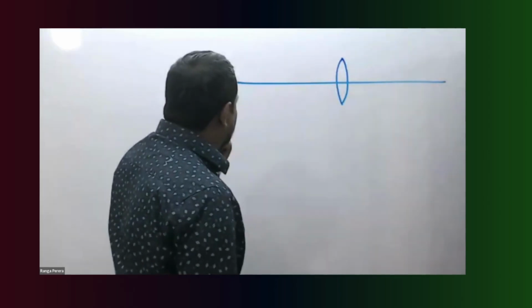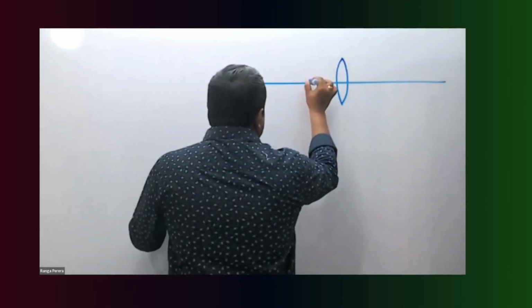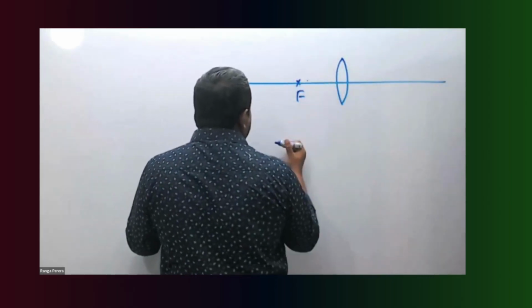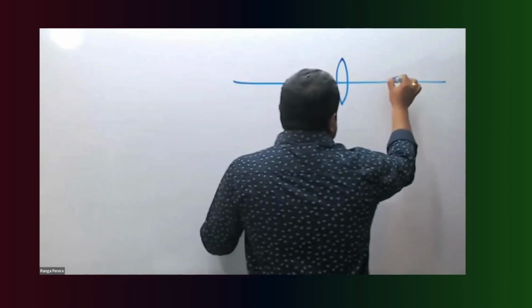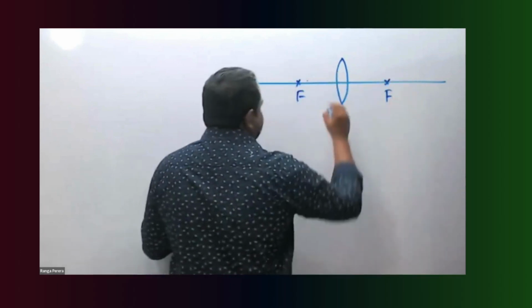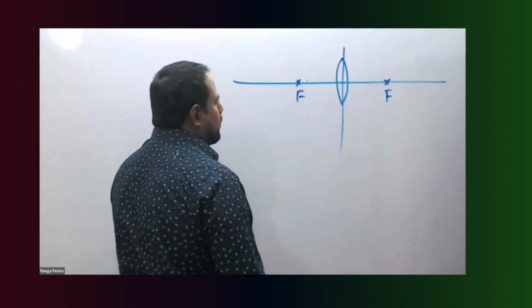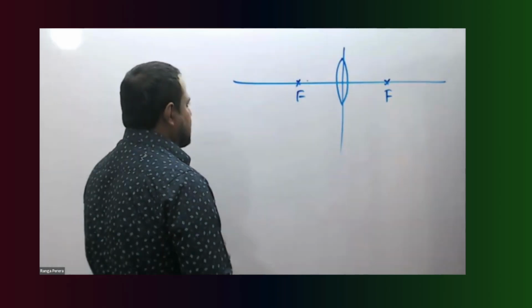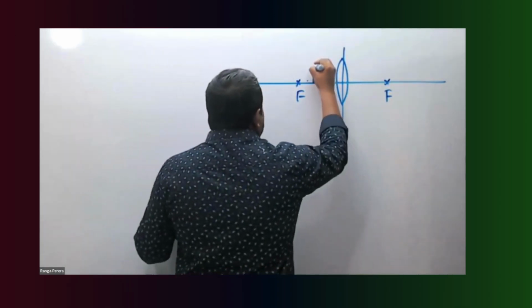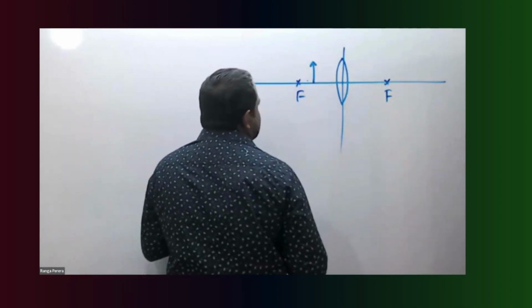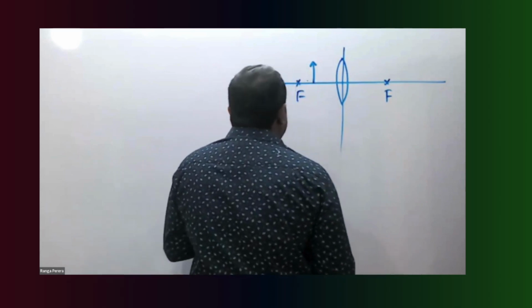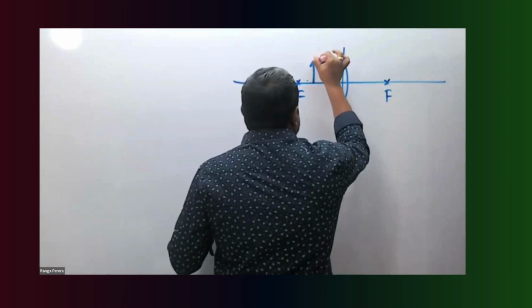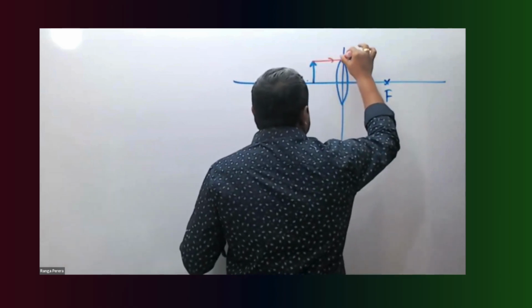This is the focal point of the lens. Simple microscope is simply a convex lens. That is why you draw it. The object is now placed in front of the lens. The image needs to go to infinity.